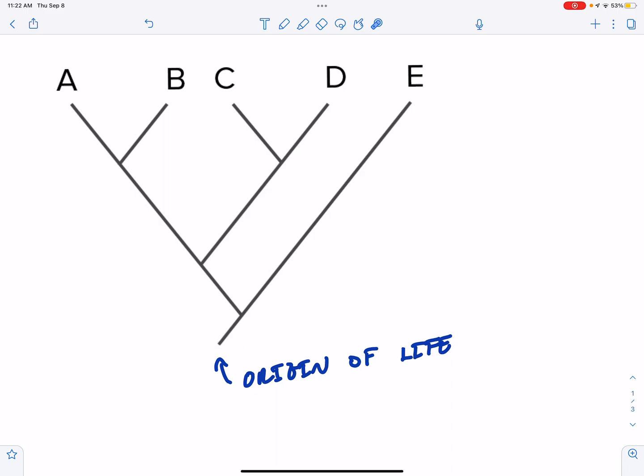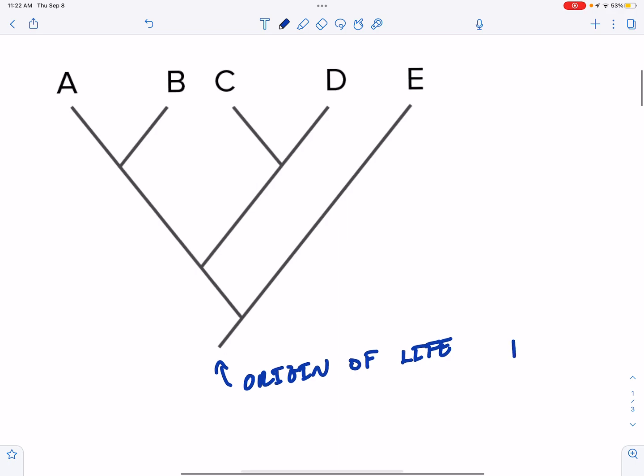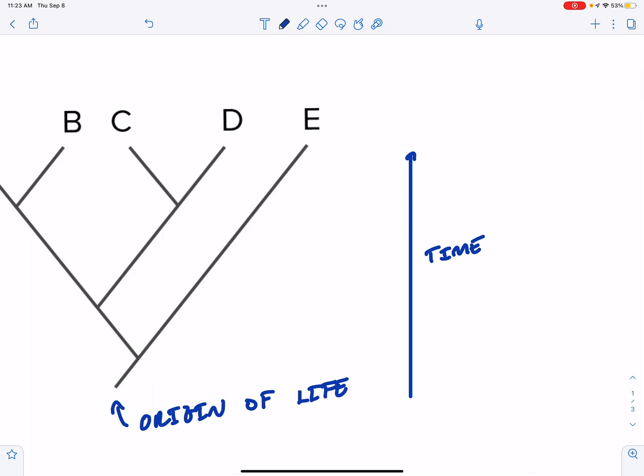And as we move up the tree, we move forward in time. So this is time on this axis. So this is the origin of life 4 billion years ago, and then this is the present day at this point.